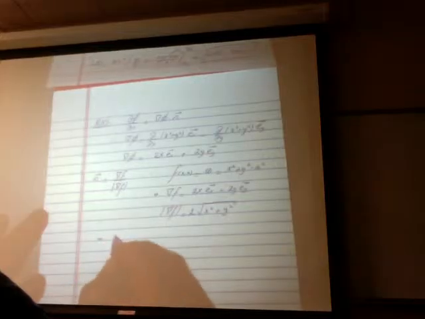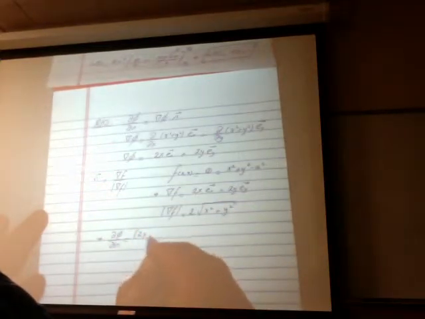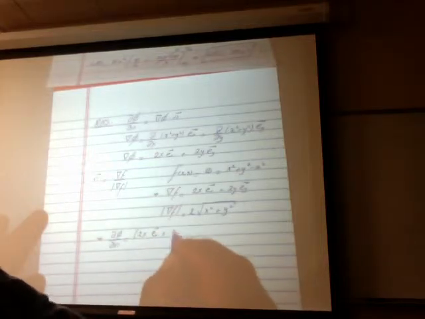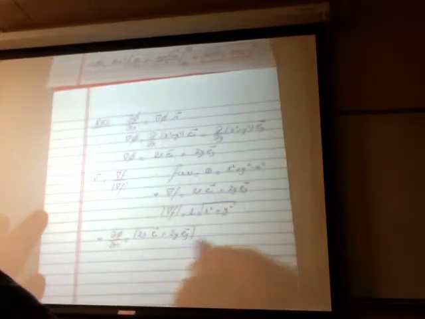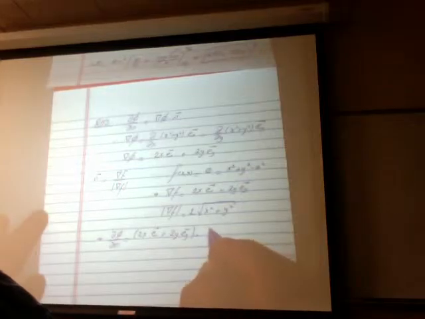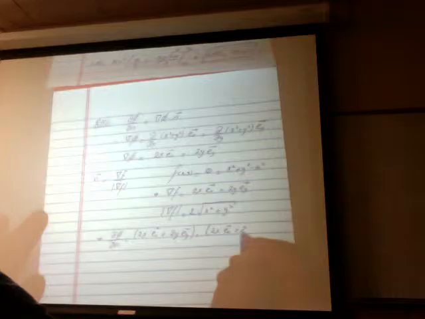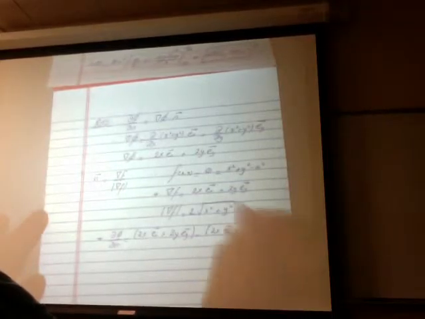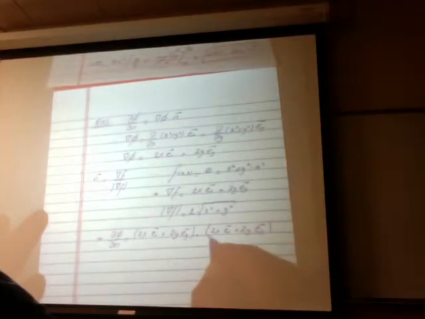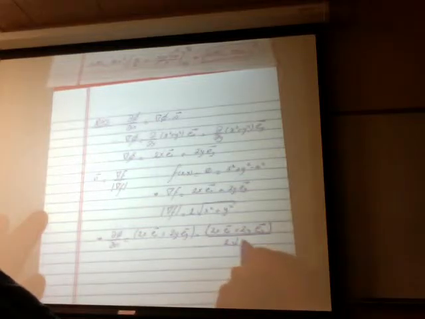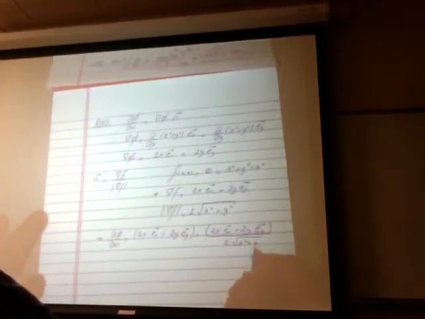Therefore, the phi dn is equal to 2x in the x direction plus 2y in the y direction, dotted into the normal vector, which is 2x in the x direction plus 2y in the y direction, divided by 2 square root of x squared plus y squared.